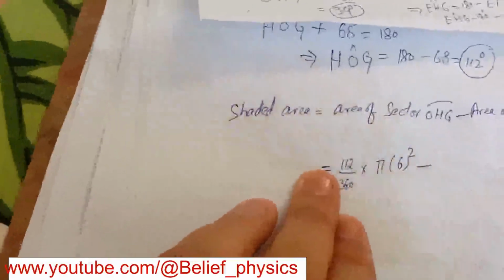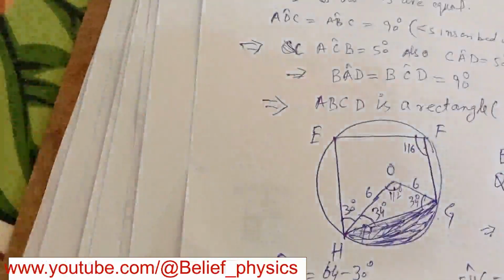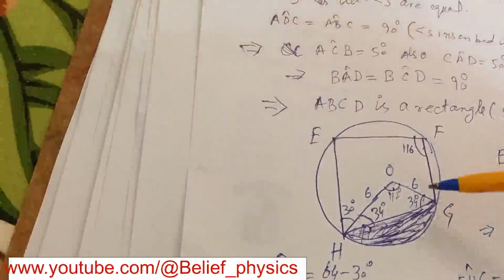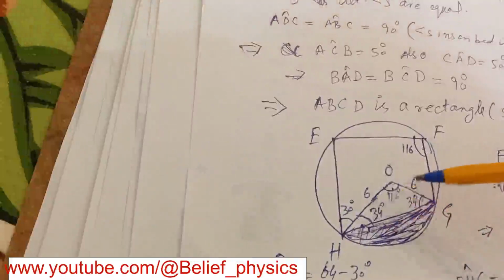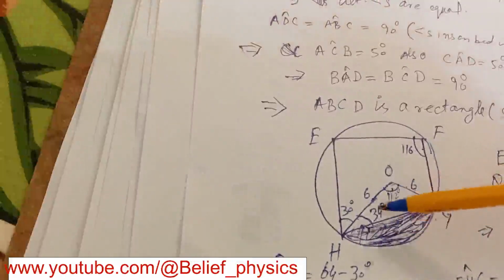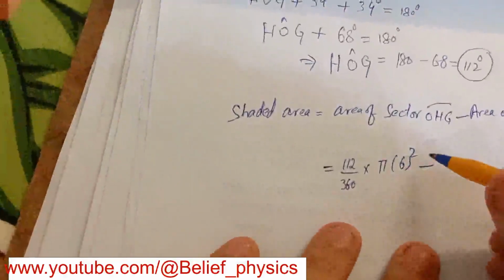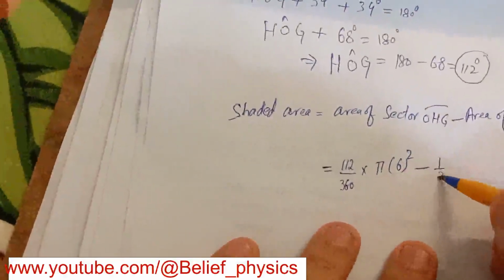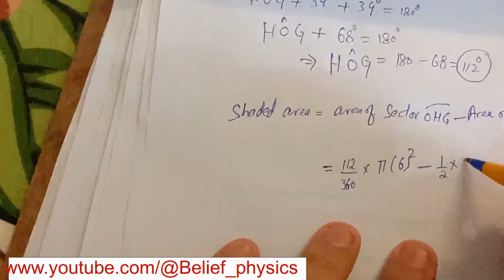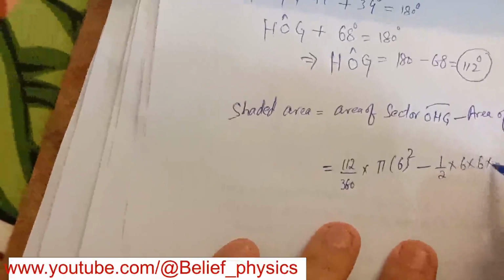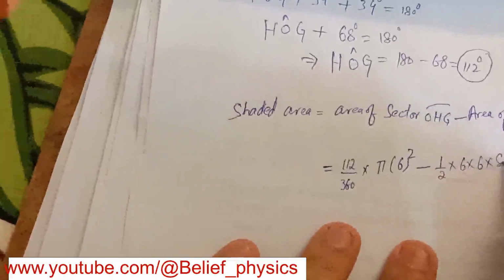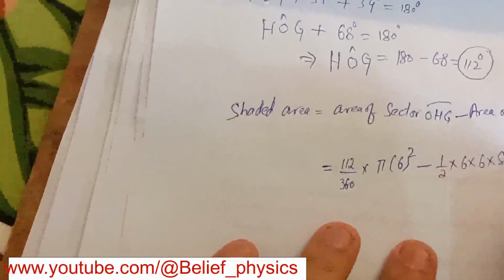Minus, when two sides and their included angle are given, the area of a triangle is 1 over 2 ab sine C, or 1 over 2 times 6 into 6 into sine 112, because a and b are both 6, and the angle is 112.